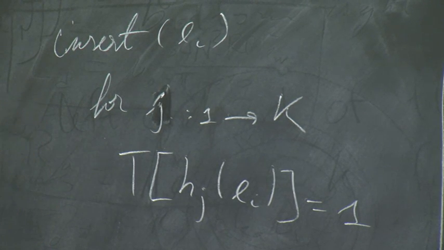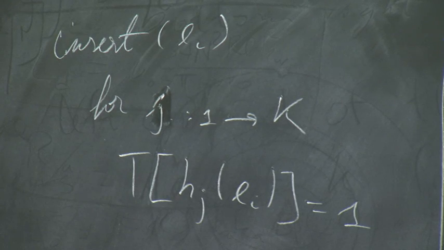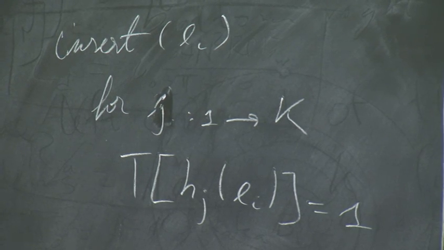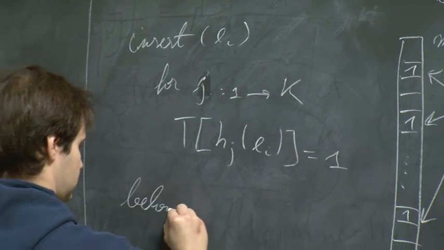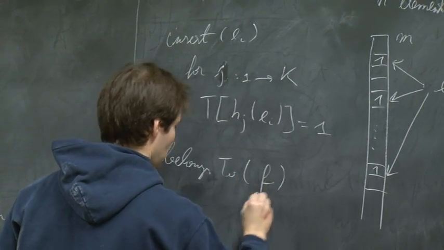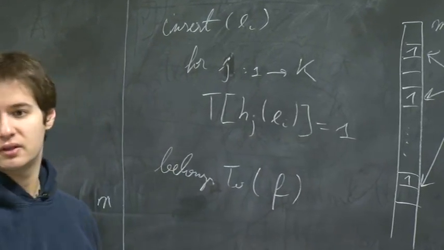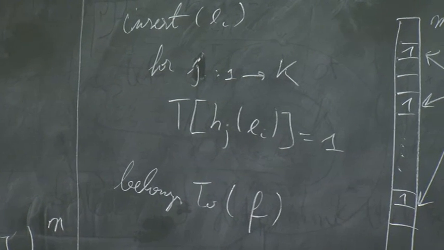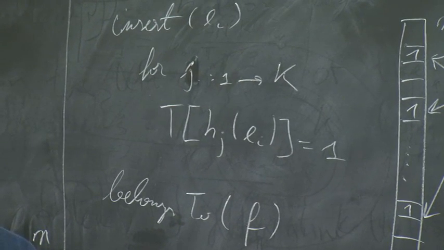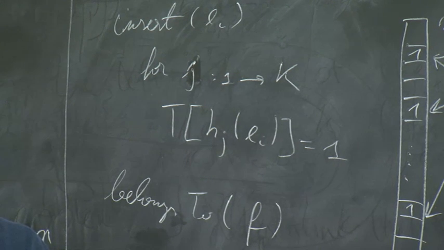Now, how do we check if an element is in the table? Since for every element we set all the corresponding k bits to 1, when we have a new element, we compute the k positions. If any of them is a 0, then we couldn't have possibly put that in the table.